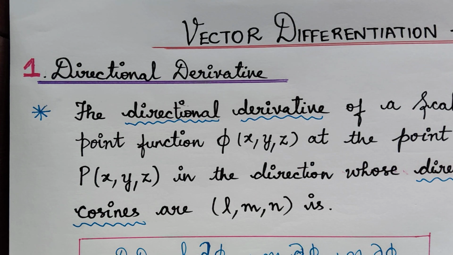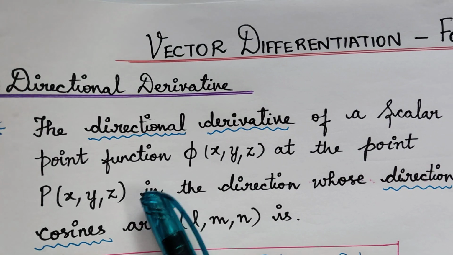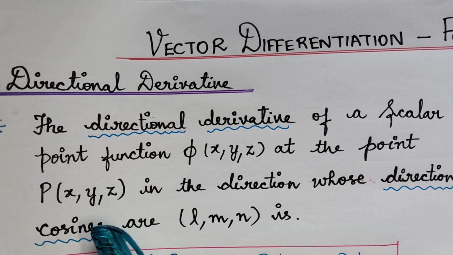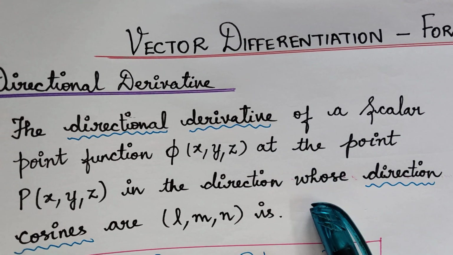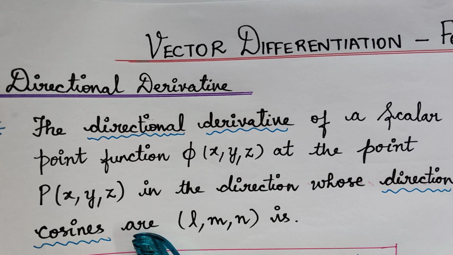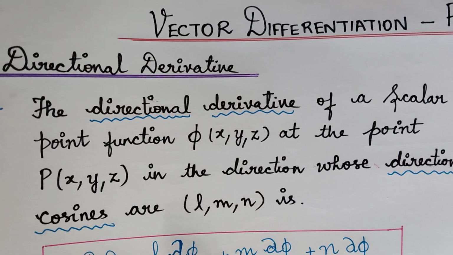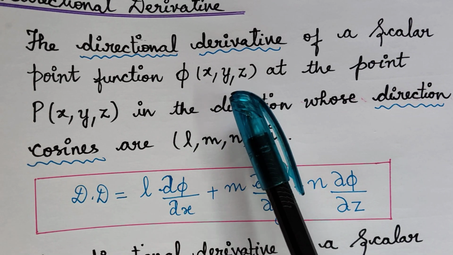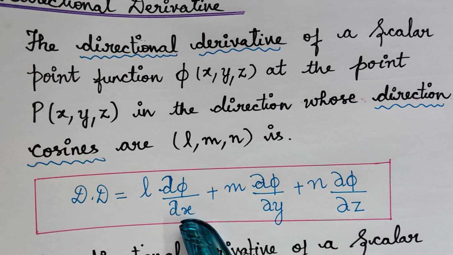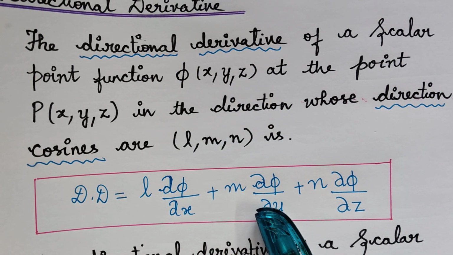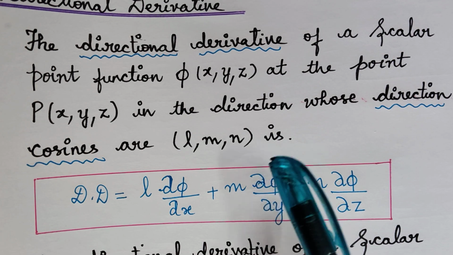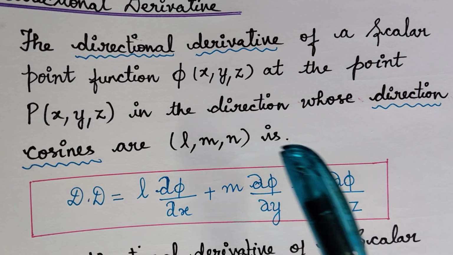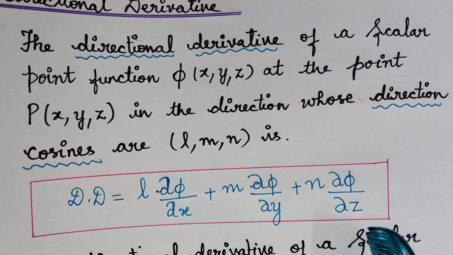The directional derivative of a scalar point function phi of x, y, z at the point P of x, y, z in the direction whose direction cosines are l, m, n is given by l multiplied with the partial differentiation of phi with respect to x, plus m multiplied with the partial differentiation of phi with respect to y, plus n multiplied with the partial differentiation of phi with respect to z.